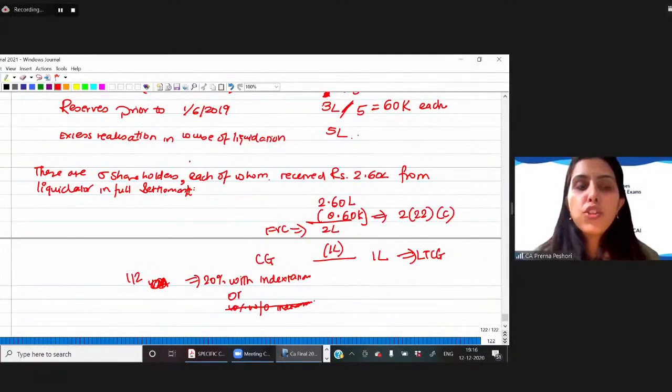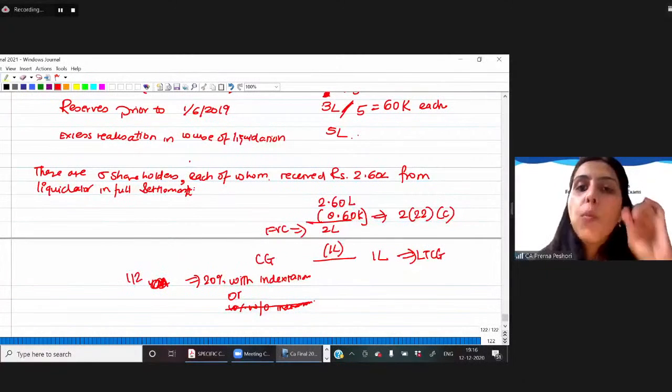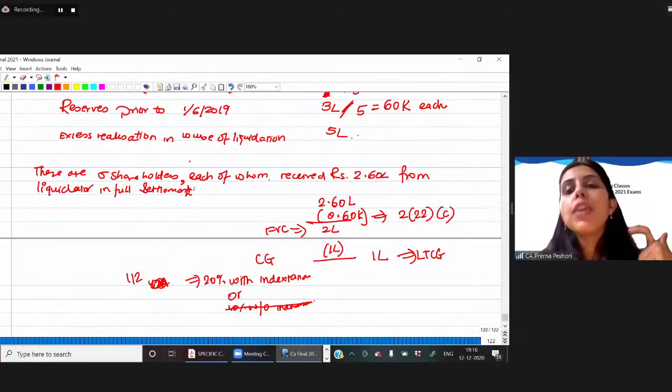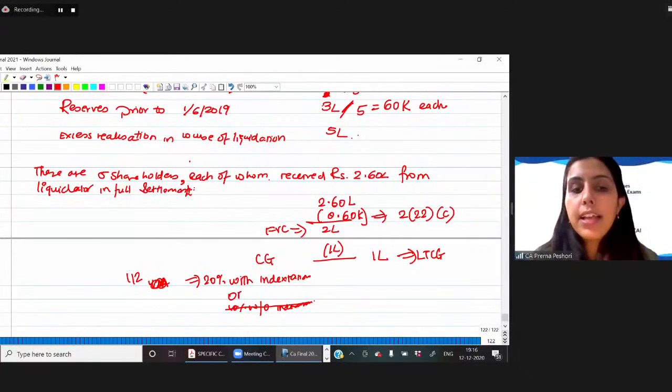Now, there is one question on this. Let me ask you further on this. So, this is a question from your module itself, wherein a question is asked that the shareholders are intending to invest the amount of capital gain in specified assets for claiming the deduction or exemption under 54EC. 54EC gives you the exemption only when you invest in certain specified assets.